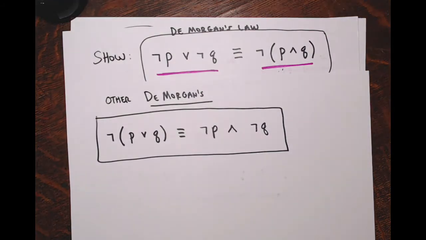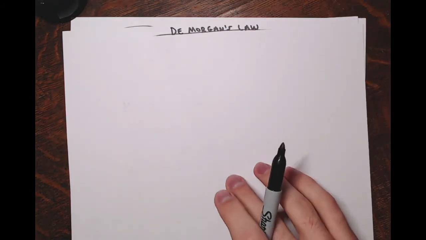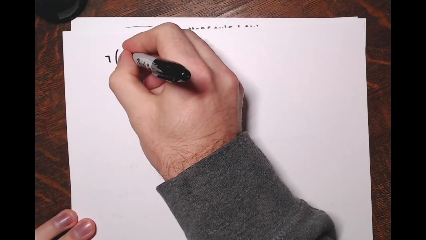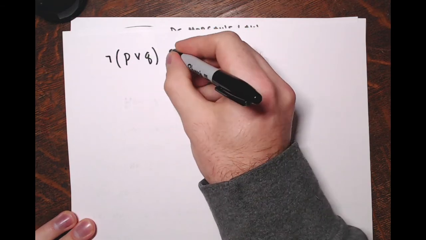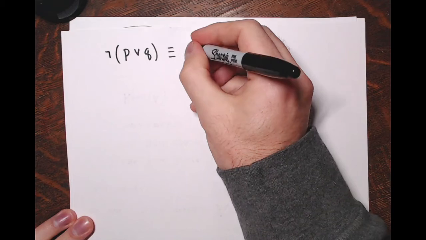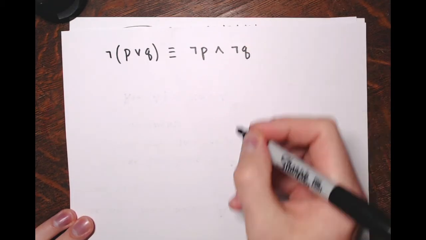If I go to the paper and calculator here, they gave us the statement not (P or Q). Again, according to De Morgan's, and you can show it with truth tables, not (P or Q) is equivalent to not P and not Q.